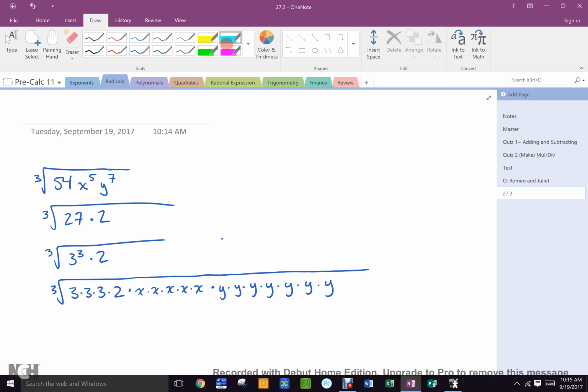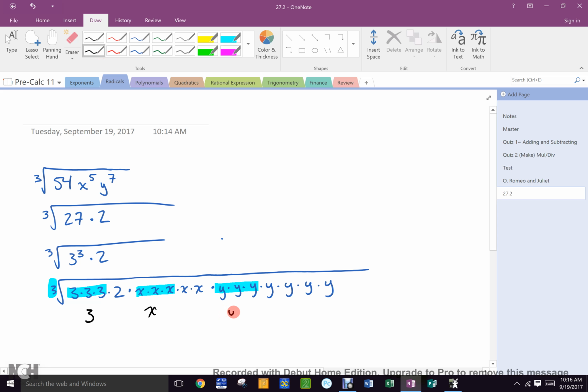Now, what does that index tell me? I need groups of 3, right? Is there a group of 3? So out comes a 3. Is there a group of 3? So out comes a single X. Is there a group of 3?